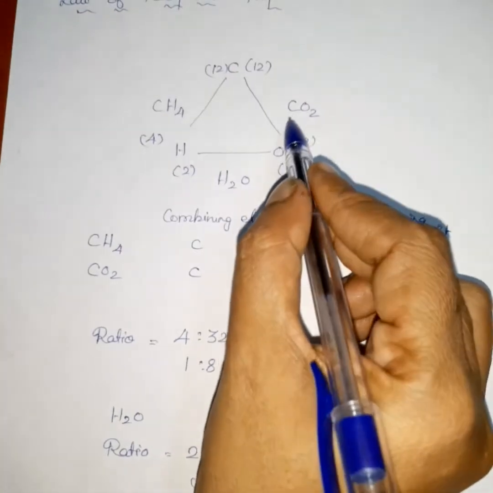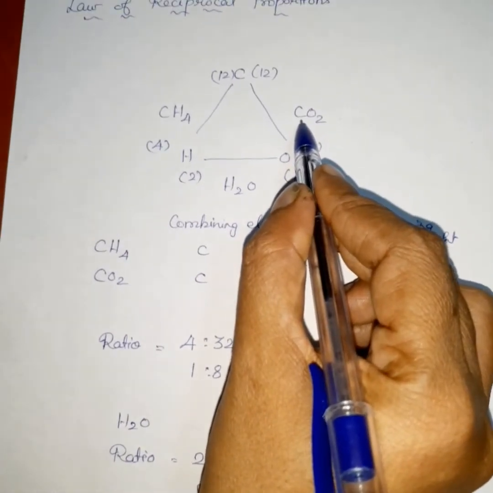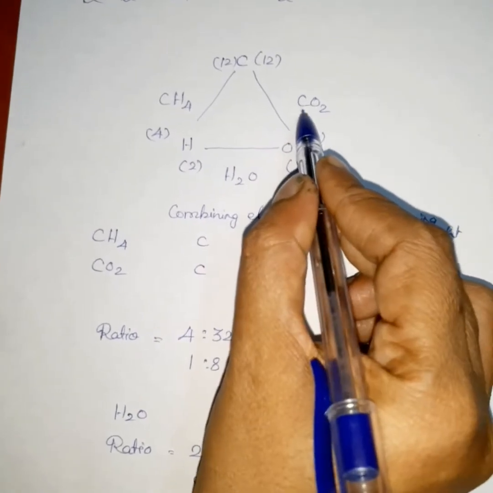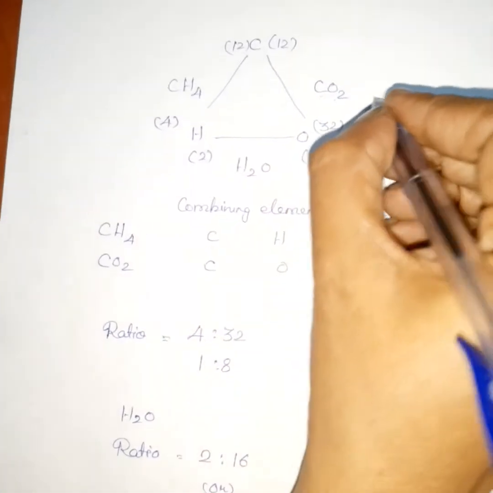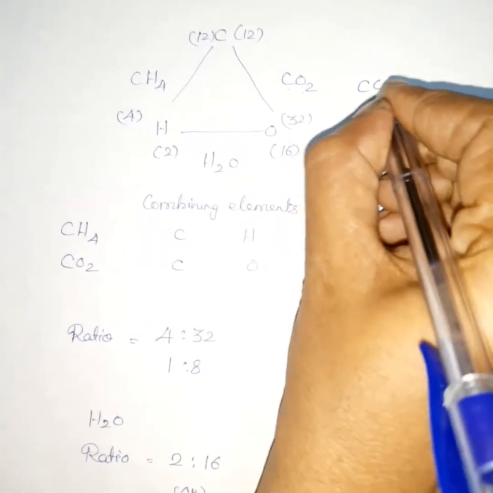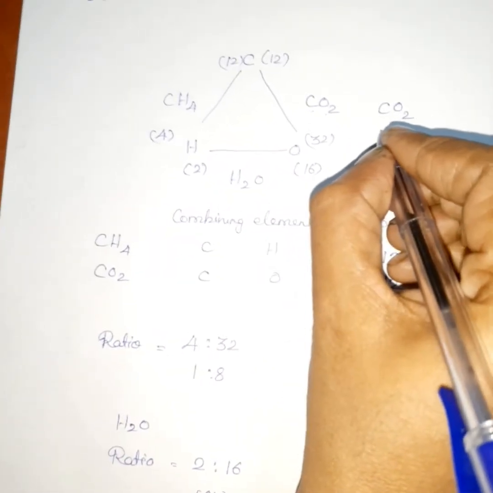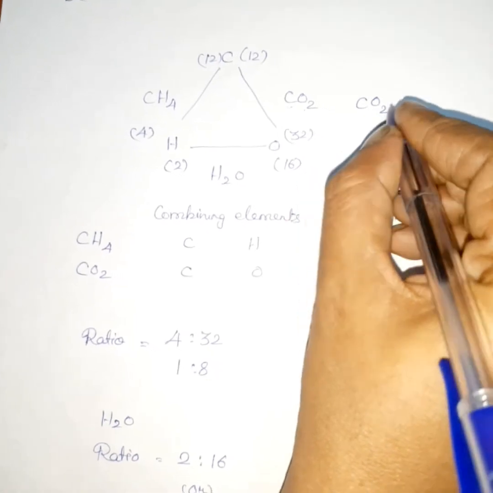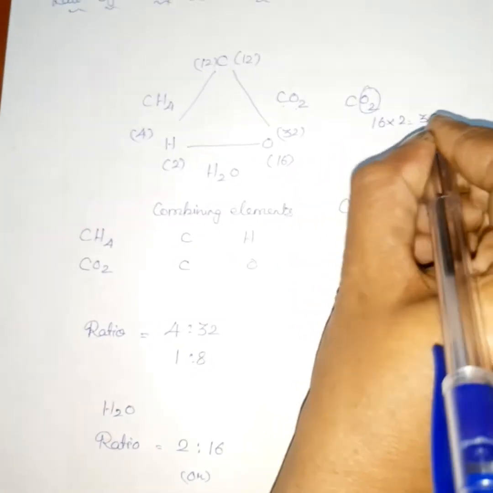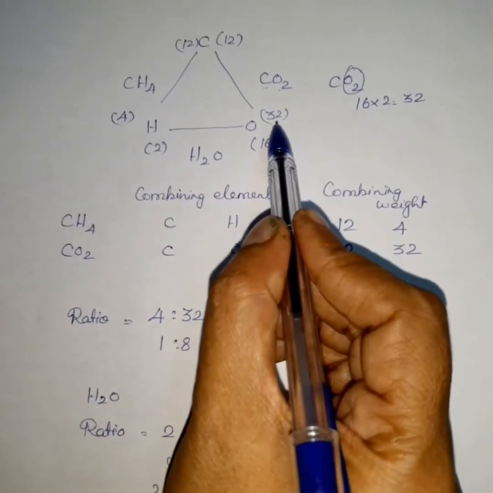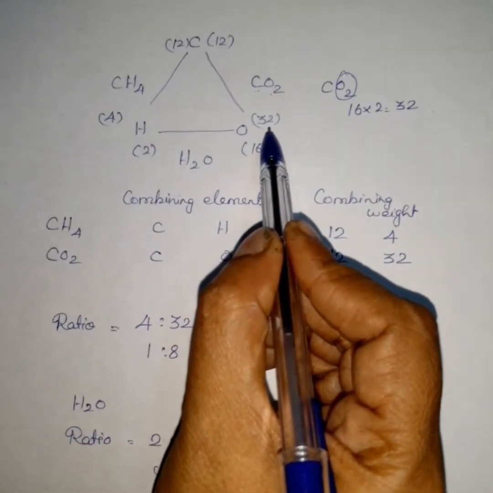Here carbon mass number is 12, oxygen mass number is 16. So in CO2, O2 is 16 into 2 is equal to 32.